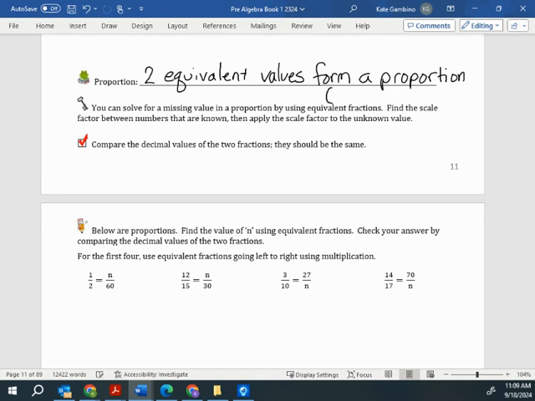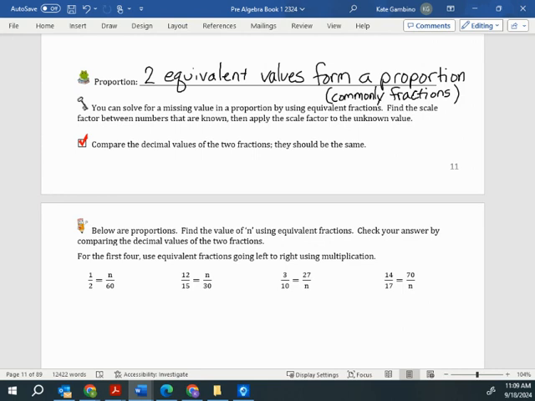They are commonly seen as fractions. So a lot of times when we work with proportions, we're working with those fractions. Just know that a proportion is 2 equivalent values. Usually we see it as fractions, those equivalent fractions.